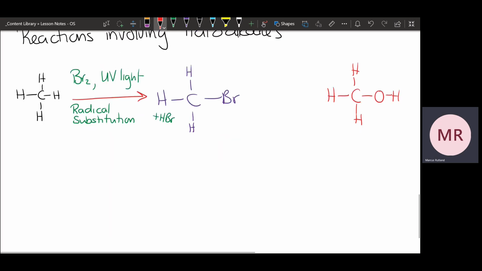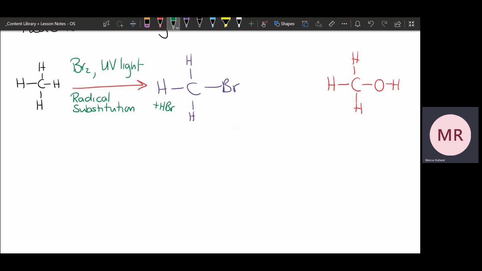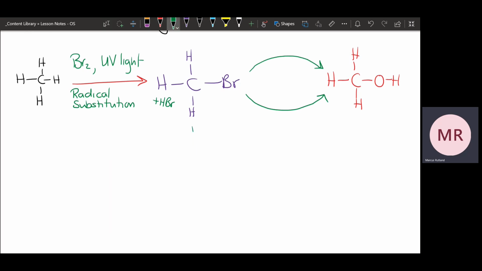And the other one is that you can turn it into what's called an amine. So 2 ways to get to the alcohol, and then you can also turn it into an amine.